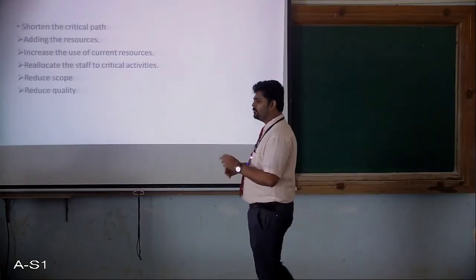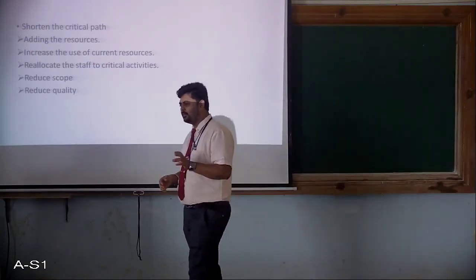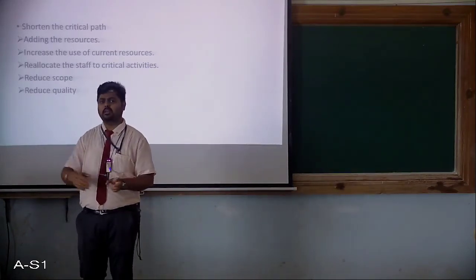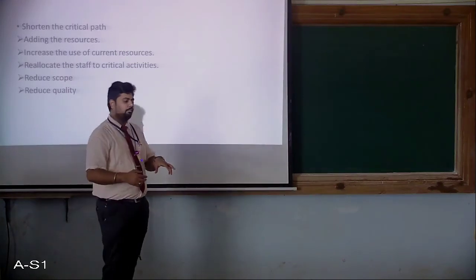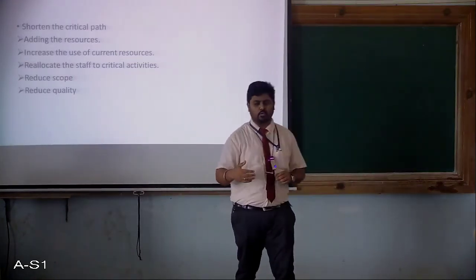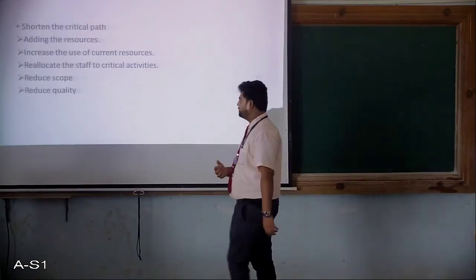If you have allocated 1 month, you can complete it in 20 days or so, and those 10 days you can spare for some other activities. Such activities are nothing but your non-critical activities, so they won't affect your project directly.